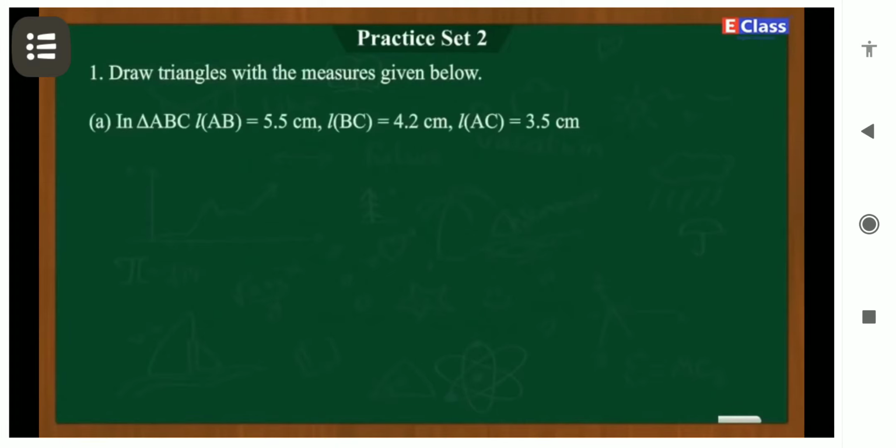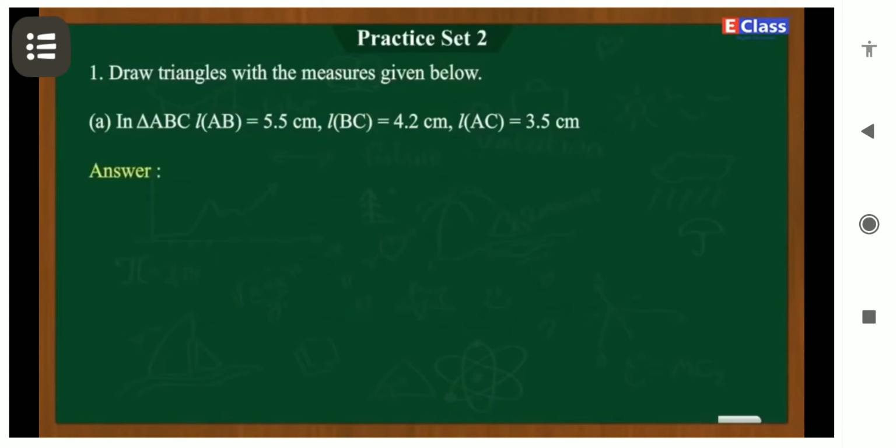A. In triangle ABC, length of AB is equal to 5.5 centimeters, length of BC is equal to 4.2 centimeters, length of AC is equal to 3.5 centimeters.